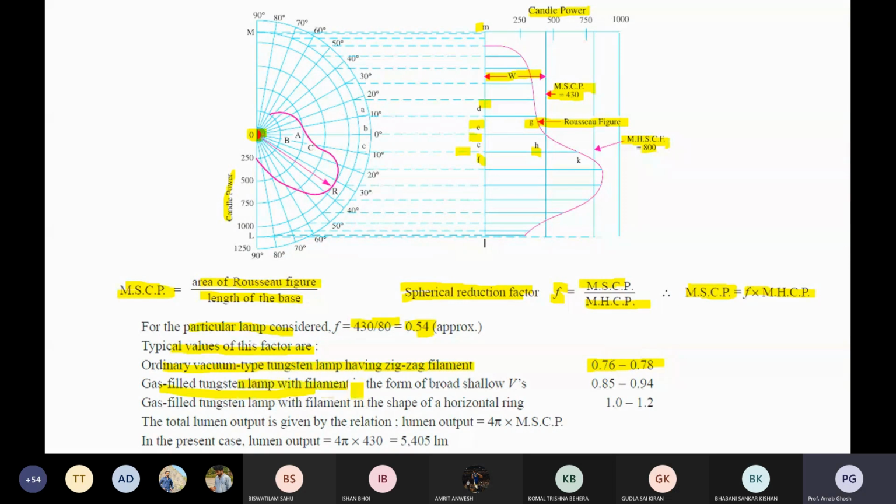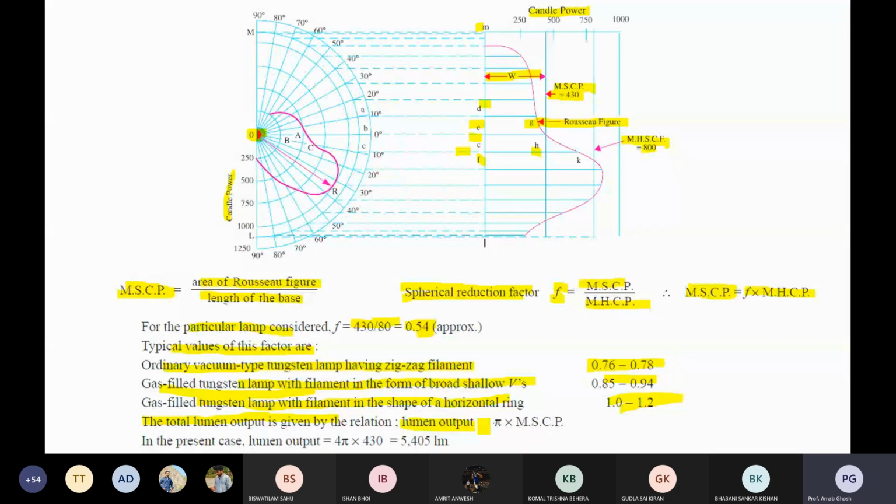Then gas filled tungsten lamp with filament shape of a horizontal ring, all the values are there. Finally you can find out the total lumens output, that is 4 pi into MSCP, you know the formula. In the present case the lumen output is 4 pi into 430. MSCP is given as 430, so multiplied, it is coming 5405 lumen.